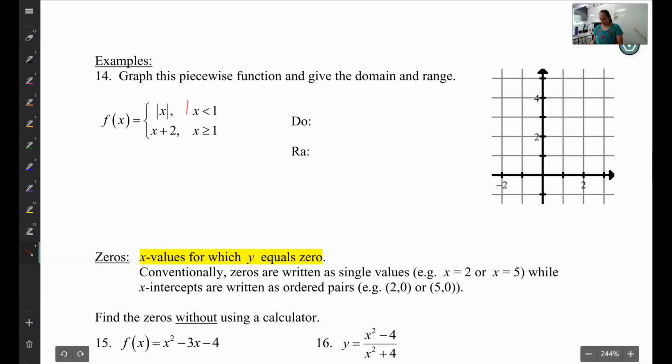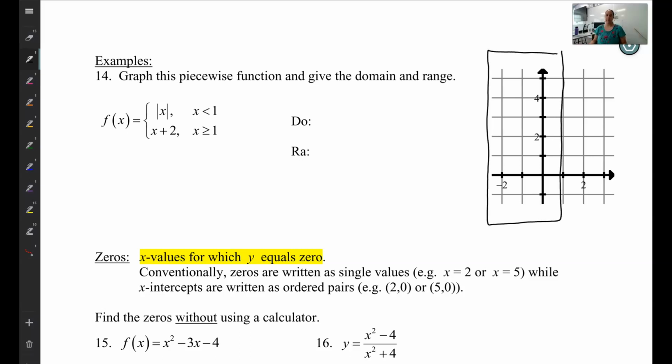So this first one, I only want to go when x is less than 1. So I'm going to kind of box the area that I'm working with. I want when x is less than 1. Now I'm going to graph the absolute value function. Absolute value of x looks like this. Pardon the bell.